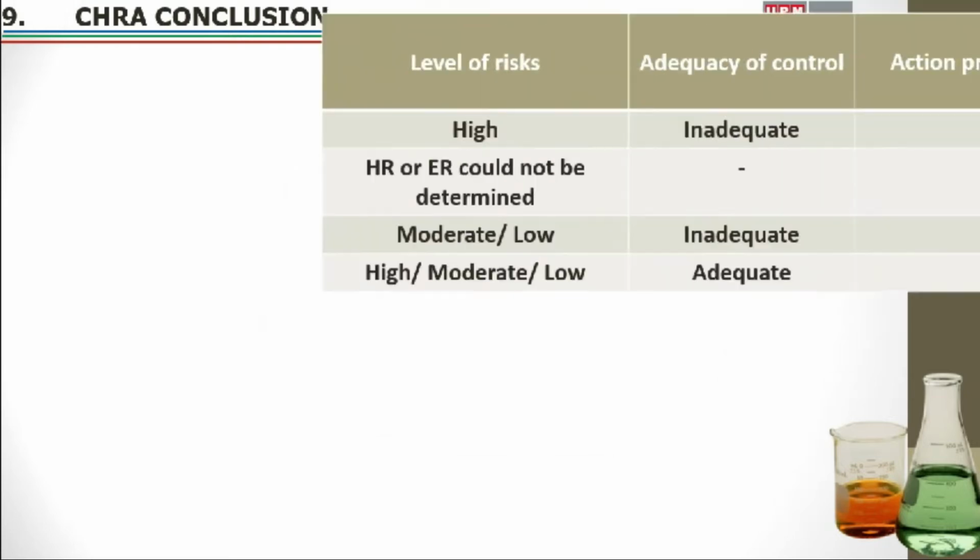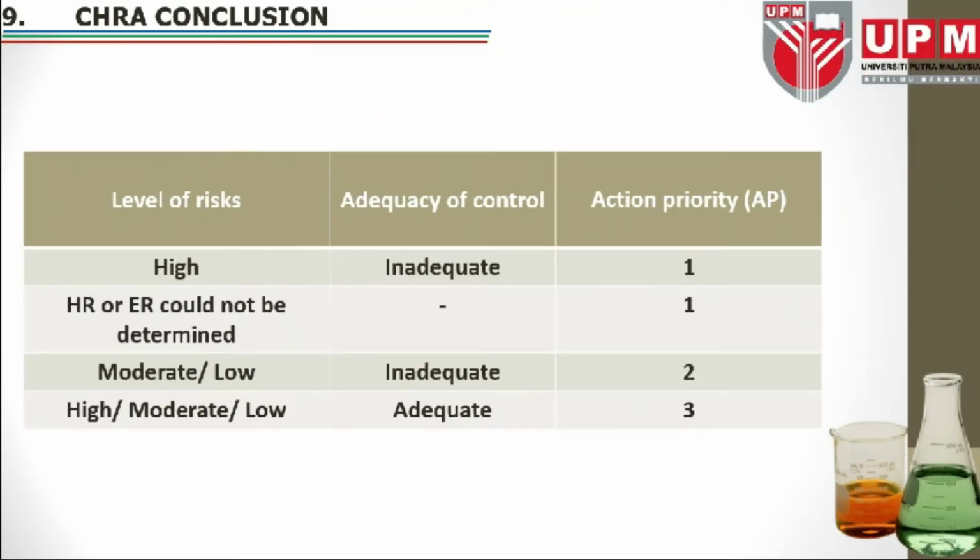The assessment is concluded by indicating the level of risk and the adequacy of existing control measures. Based on the finding of the assessment, the assessor must identify the required action to control or minimize the exposure to CHTH. The action priority AP is assigned to prioritize the action to be taken by the employer based on the assessment conclusion.